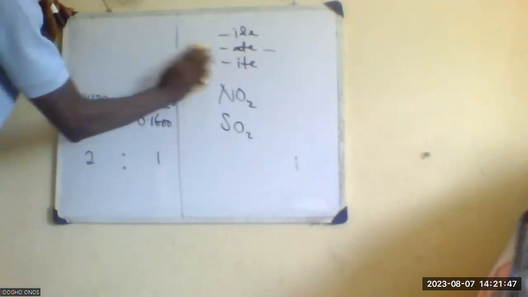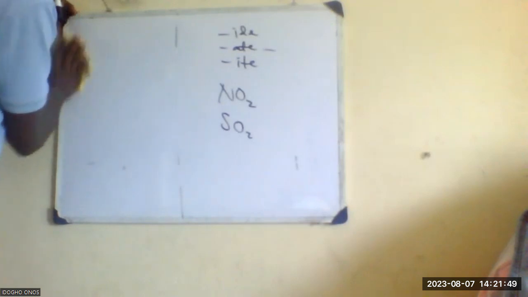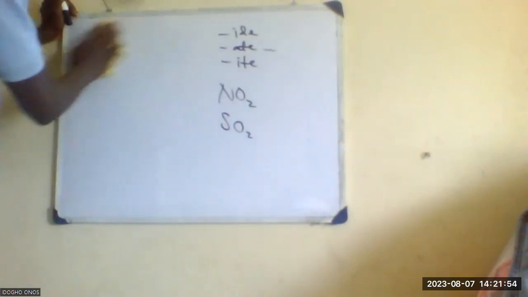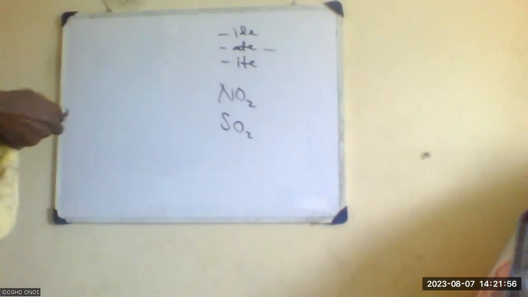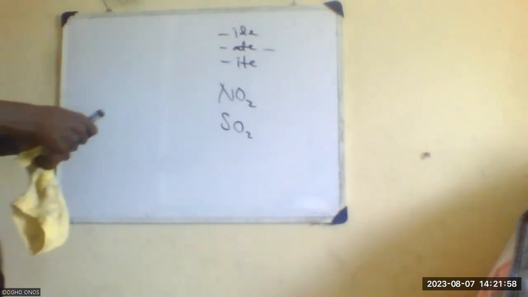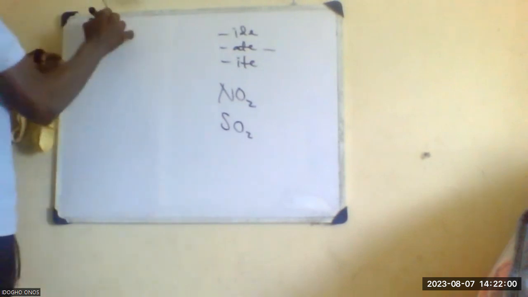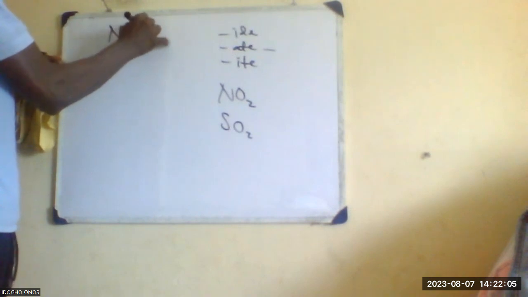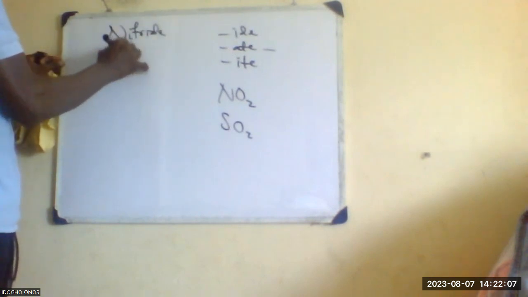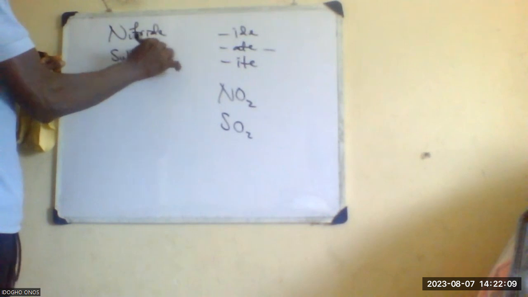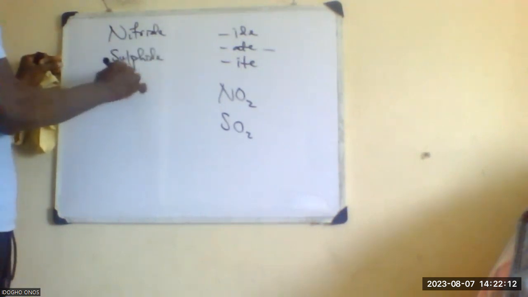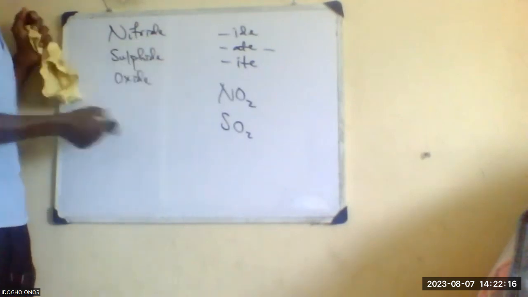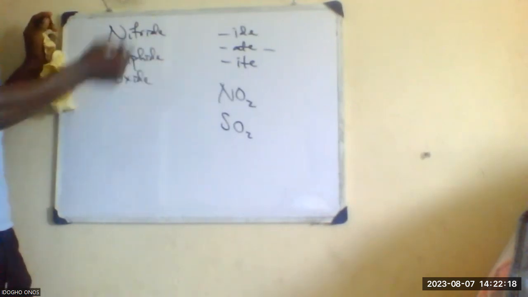Something I usually compare is phosphorus or nitrogen. We can have nitride, nitrate, nitrite, or phosphate, phosphide, phosphite. So I really don't know which one will be their formula in that case. Then maybe oxide like that.